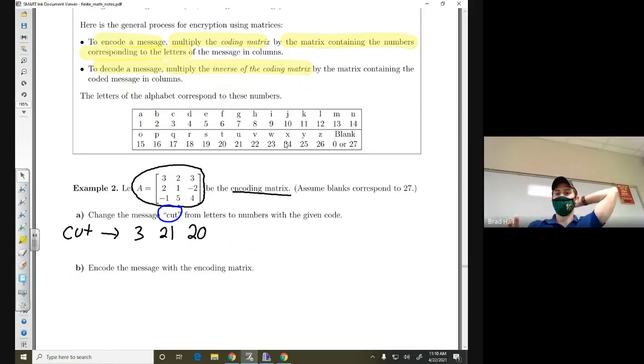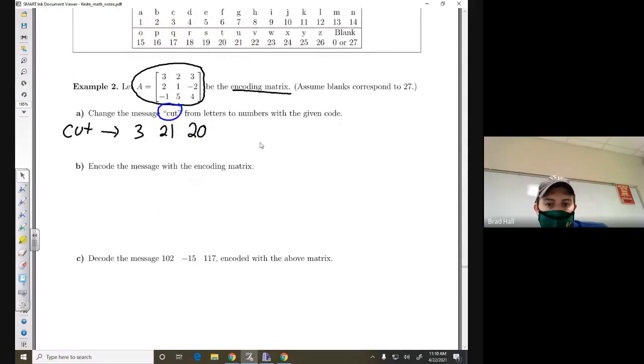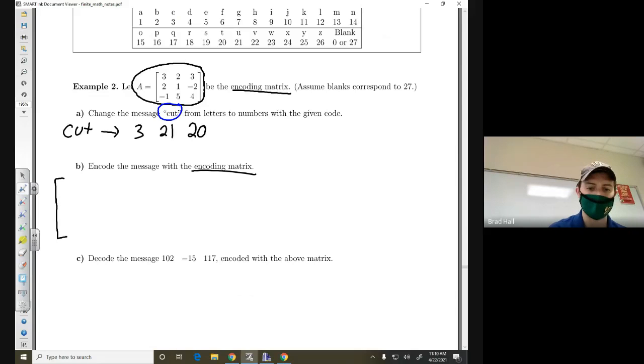But this is not encryption, because someone can easily see this sequence of numbers and think, all right, I could just change them back to letters. So we need to be more clever about this. And so from here, we need to take this encoding matrix, which was given to us as 3, 2, -1, 2, 1, 5, 3, -2, and 4.